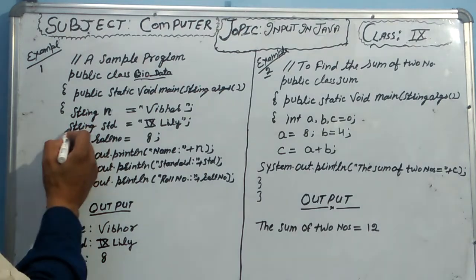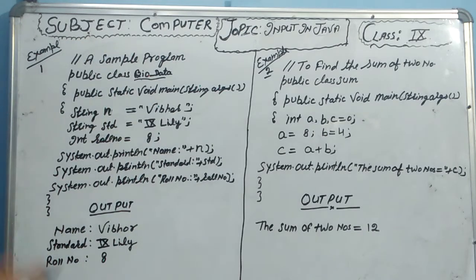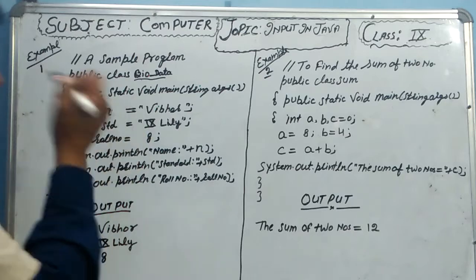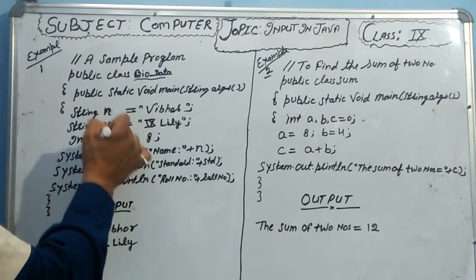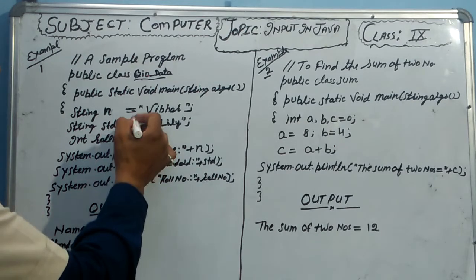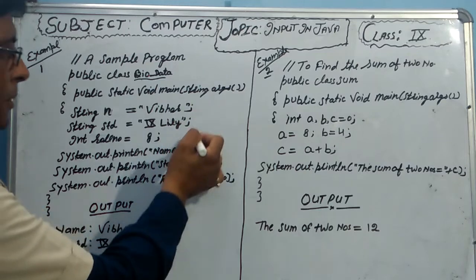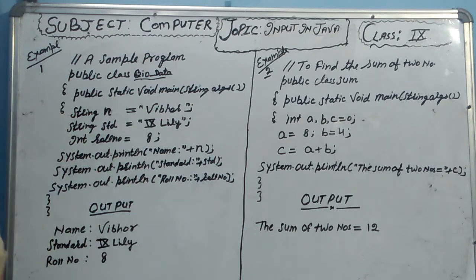And String is also the data type for standard, meaning the class. So we use the variable std is equal to, you can take any variable, but the variables should be different. Then the equal sign, in double quotes ninth, Lily, double quotes close and semicolon. Each statement will be closed with the help of the semicolon.